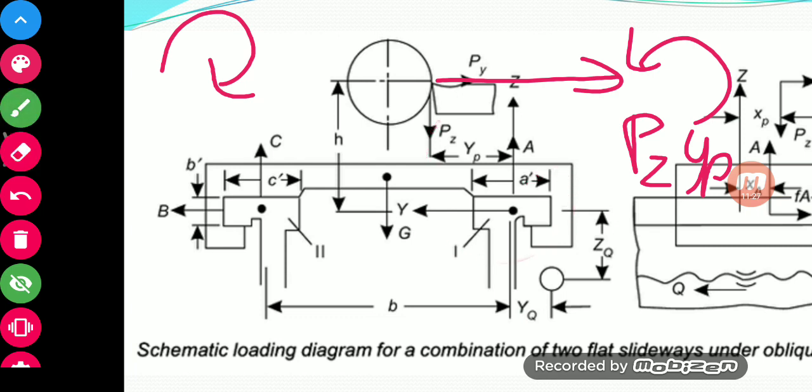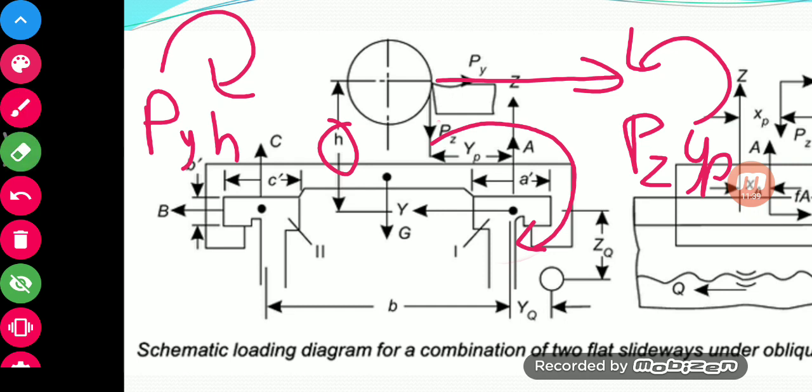Therefore we see Py times the distance, and that distance we can say is H. That is your clockwise moment, Py times H. Then the next moment that we consider is G. Your G would give you a counterclockwise type of moment about the point here, and that counterclockwise moment would be basically G times your B by 2. So that is given right here.